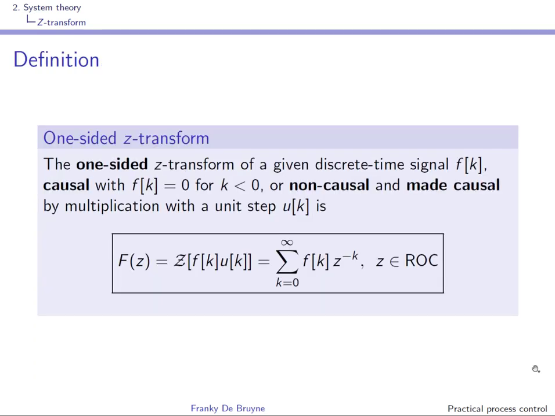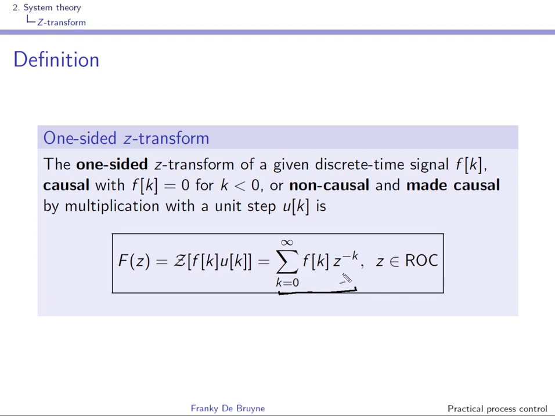Here you have the definition of the one-sided Z transform. It is a transform for causal signals, or for signals that have been made causal by multiplication with the unit step. In the previous slide we had found this expression here, and here k ranges from 0 to infinity since we're working with a causal signal.